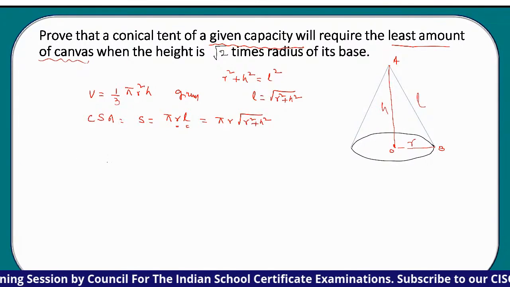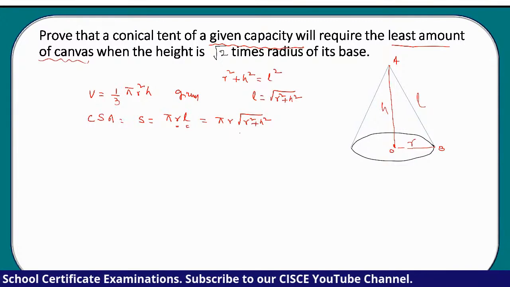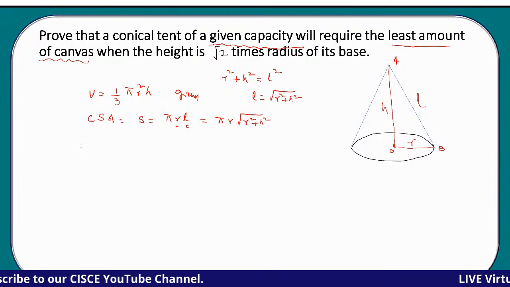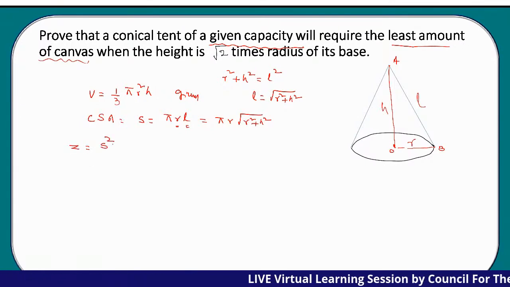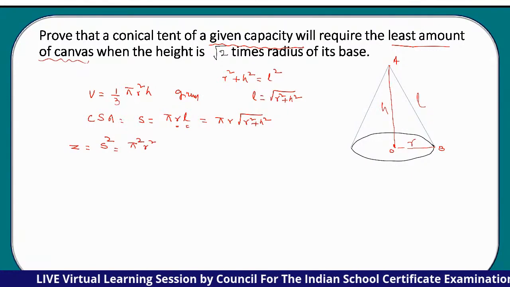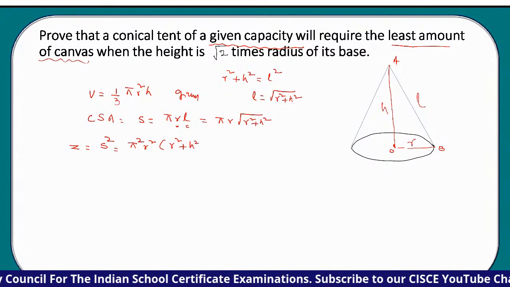Just like in the previous problem, since there are two variables and a square root, we'll square the surface area. Say Z is equal to S square is equal to pi square R square into R square plus H square.